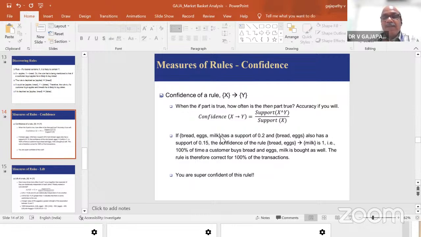Bread X milk is 0.2 divided by bread X, which is 0.15, times milk. Therefore the milk is 1. That is 100%. That is why it is saying.